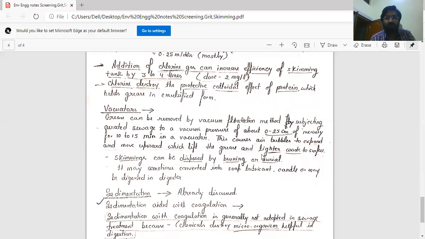This causes air bubbles to expand and move upward, which lift the grease and lighter waste to surface. Skimmings can be disposed by burying. They may sometimes be converted into soap, lubricant, candle, or may be digested in digester. This is the preliminary treatment of wastewater.